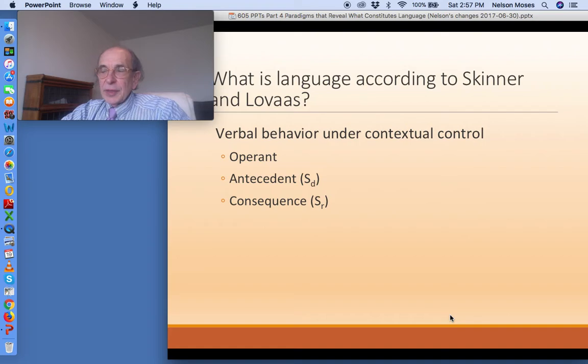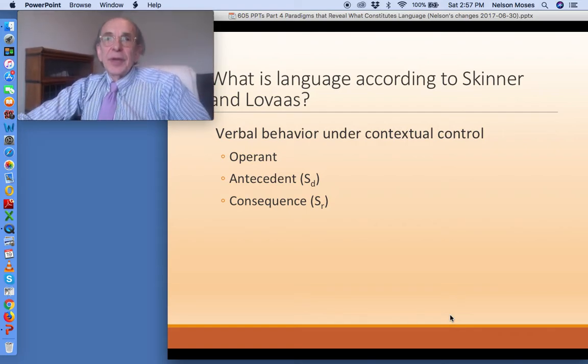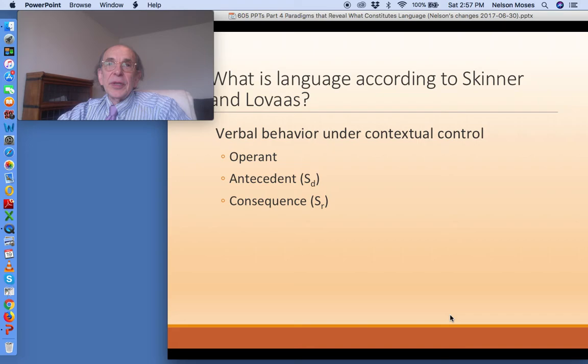Our operant verbal behaviors are followed by consequences, events following the behavior, such as, well, here I'm talking to a green dot on a computer, am I not? Well, it looks like I'm talking to you, but in reality, I'm sitting here talking to a green dot, quite frankly. And that green dot is just standing there.